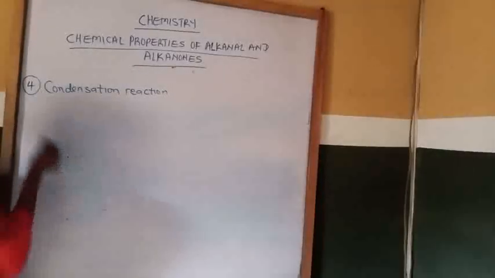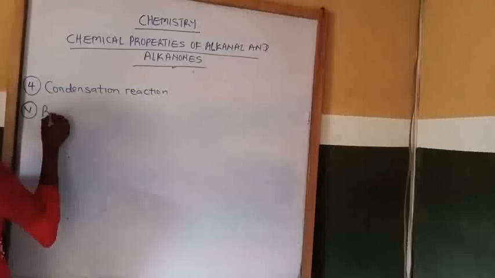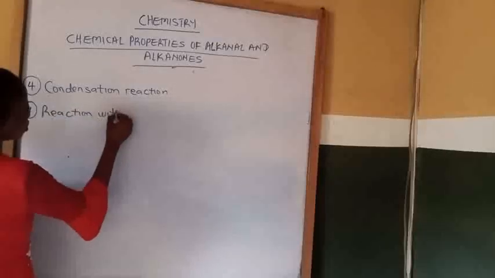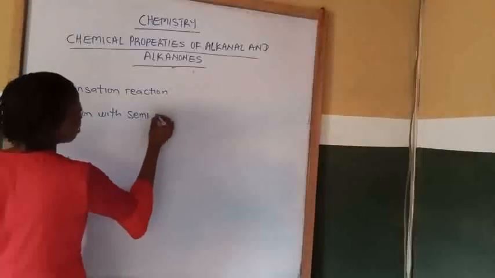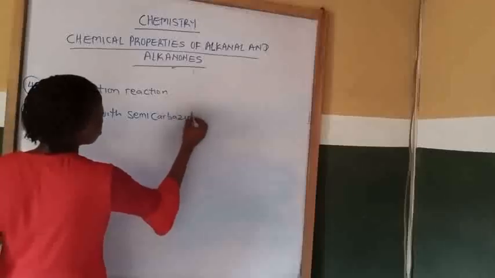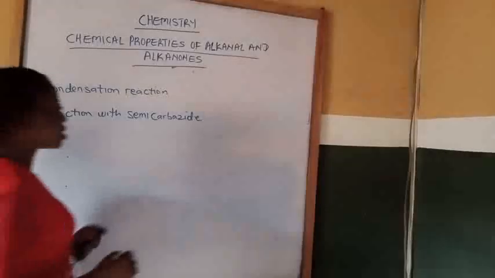So the fifth chemical reaction under condensation reaction is reaction with semicarbazide. Then what is the formula for semicarbazide?